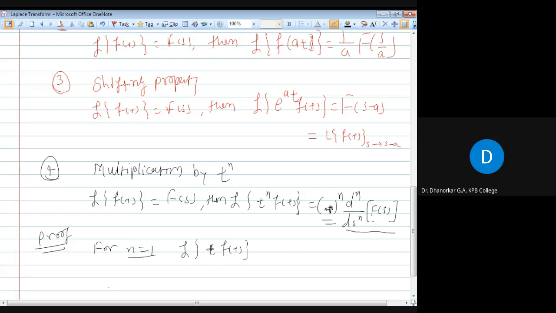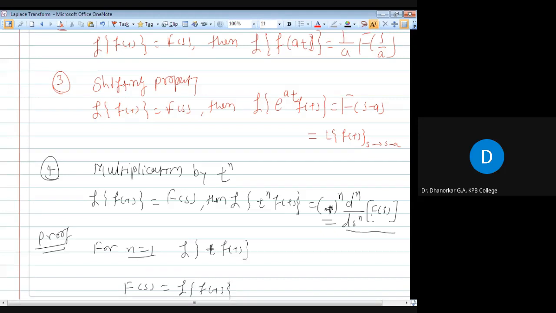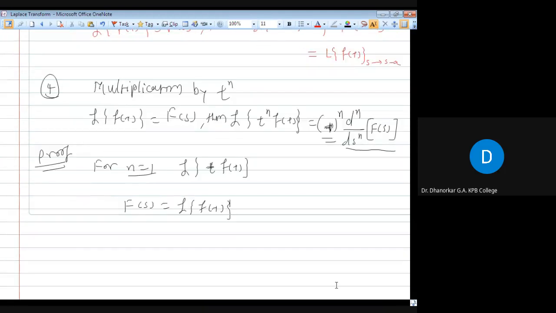Again, here we know F of s. What is F of s? F of s is the Laplace transform of f of t.